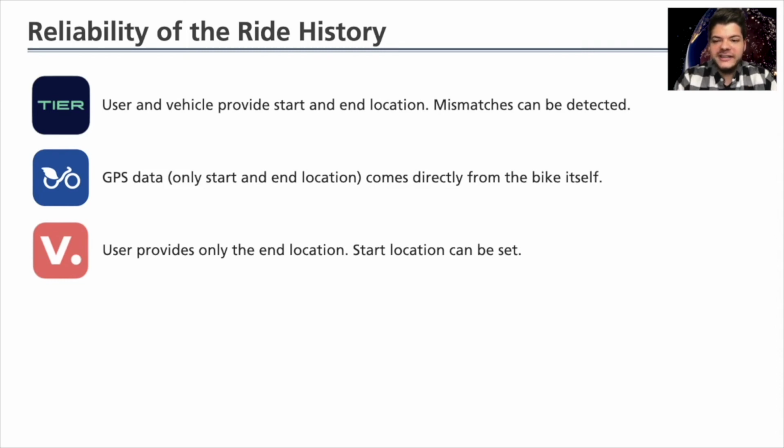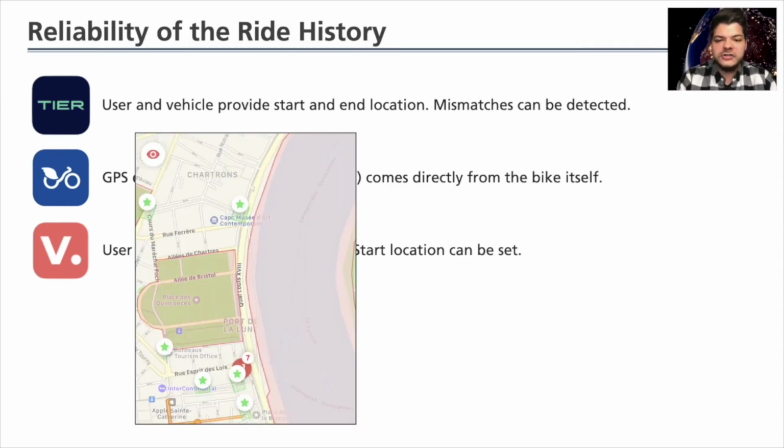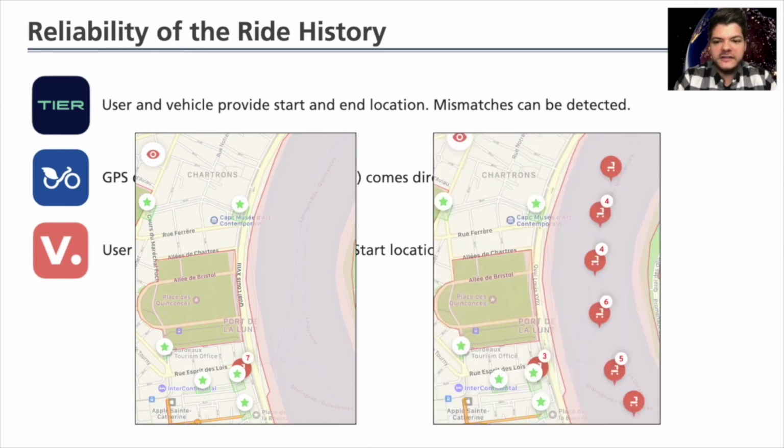For Voi, the user can actually provide the end location of a ride, and the start location is the location where the scooter was on the map. And while we took a closer look at this, we found out that there is an API endpoint for Voi, I hope they fixed it, which enables you to actually put scooters anywhere you like.